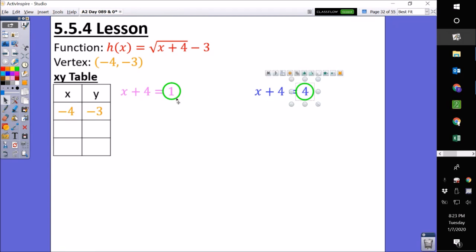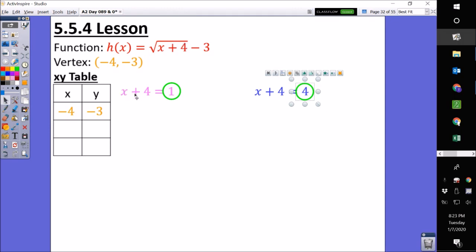And since they're perfect square numbers, you'll be able to do the square root, which you will see once I show you the work. So that's why we set the inside equal to two perfect square numbers. That way, once you have it equal to a perfect square number, you're able to do the square root, and that will go away.